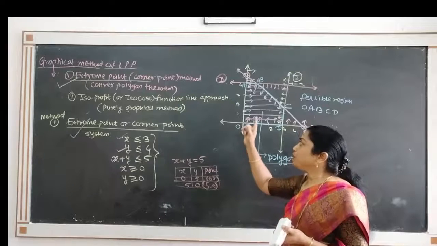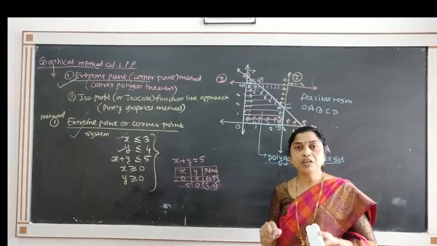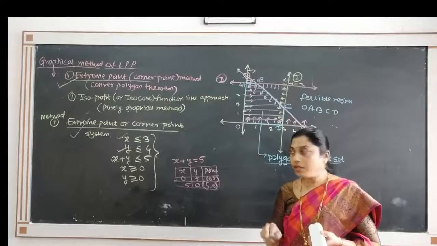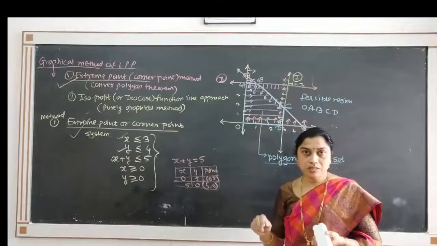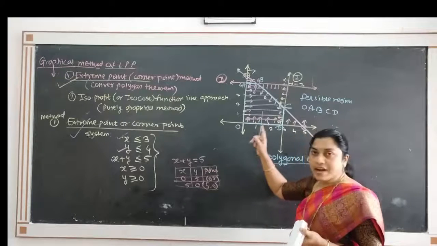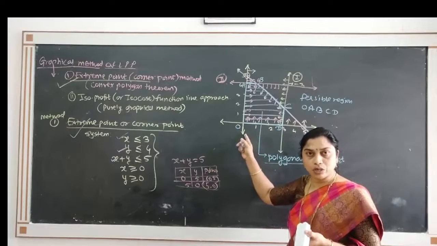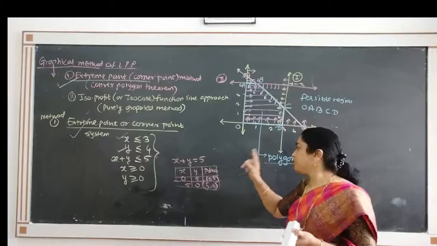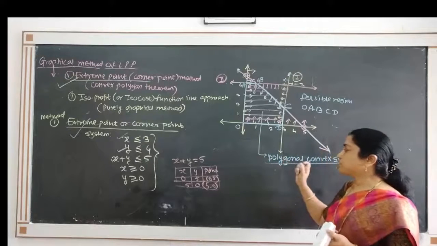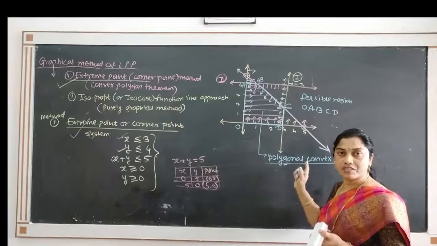If you consider a system of linear equations in two variables, and if that system has a solution, then that solution is always a polygonal convex set.